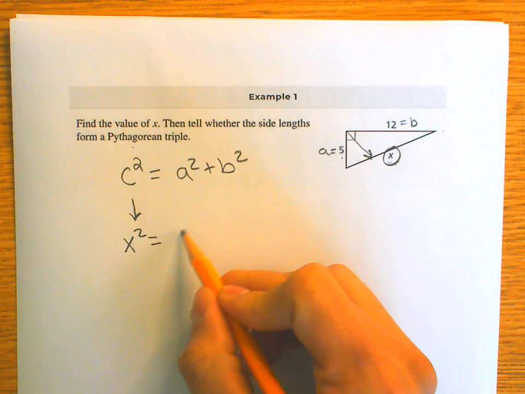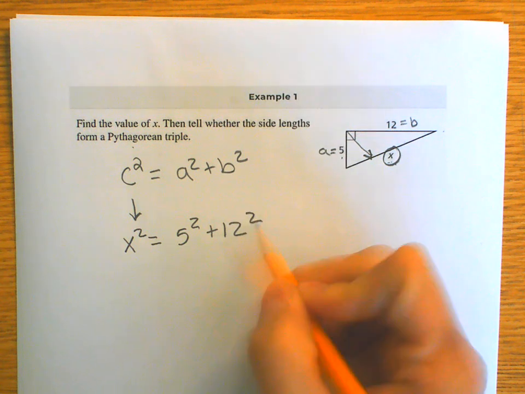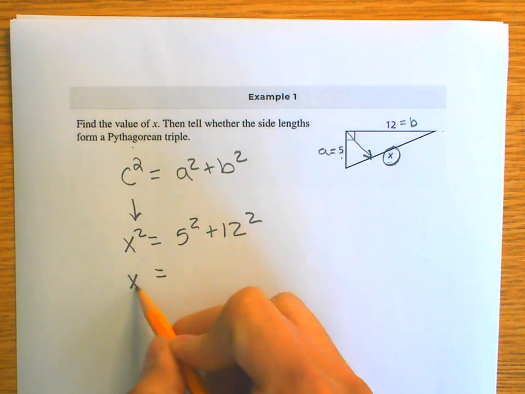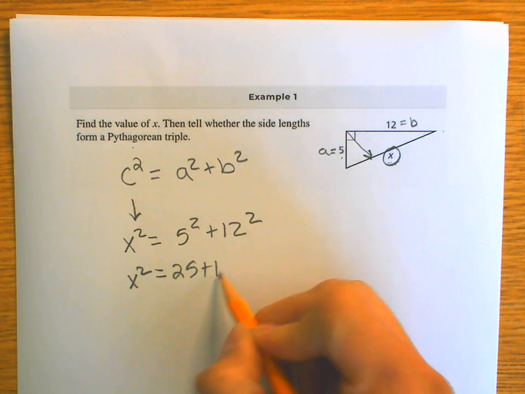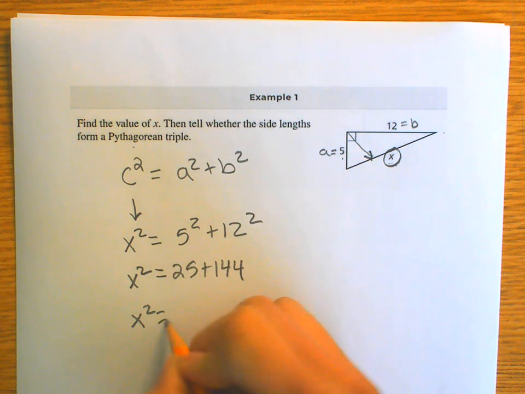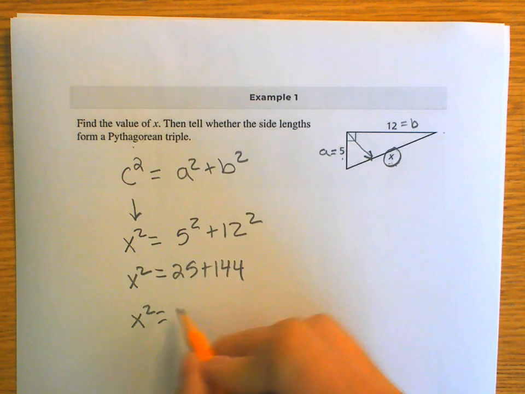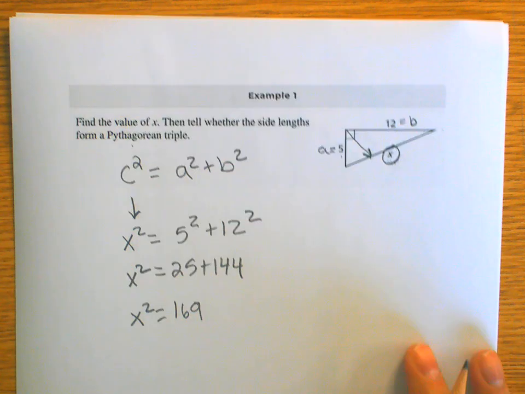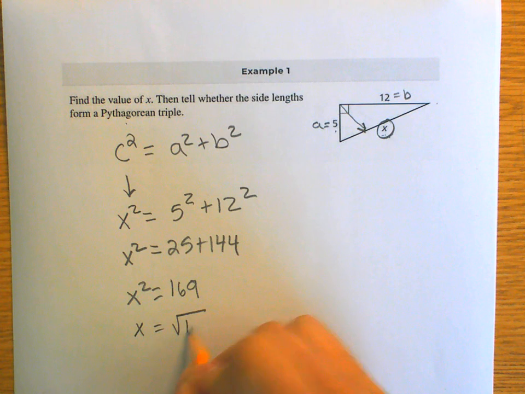Substitute the values in. That's 5 squared plus 12 squared. Mental math here. 5 squared, that's 25. 12 squared, that is 144. Combine those together, and you get 25 plus 144. And I get 169. Now, to solve for x, you have to take the square root. So x is going to be the square root of 169.